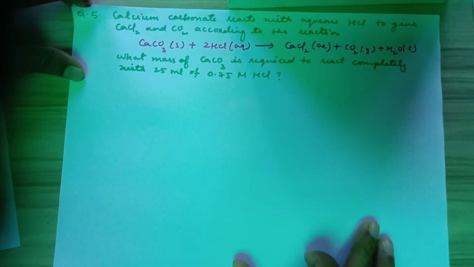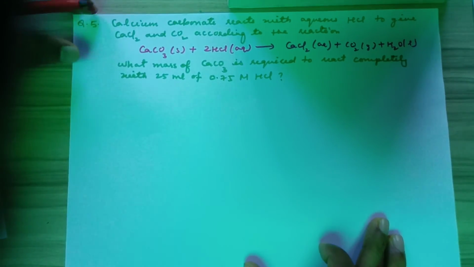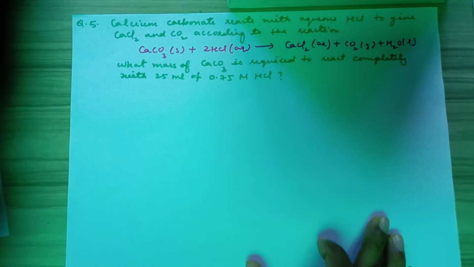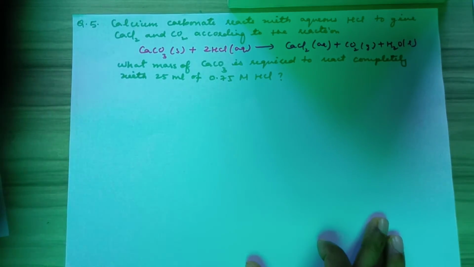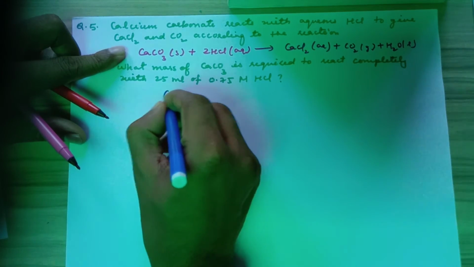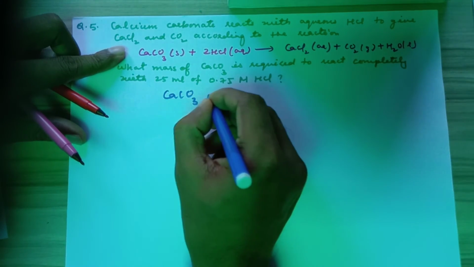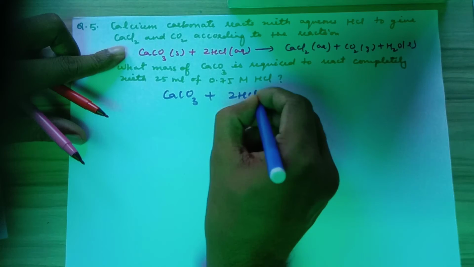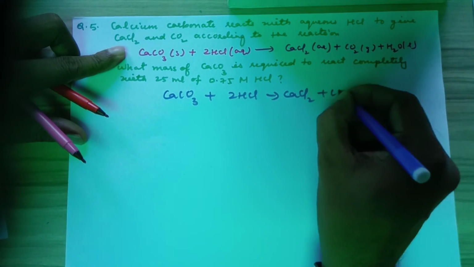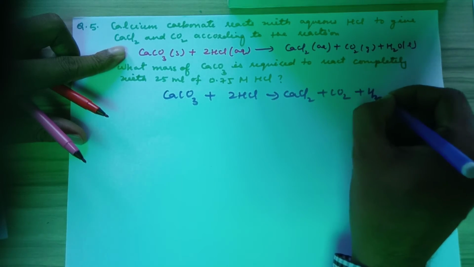So next question. It is given that calcium carbonate reacts with aqueous hydrochloric acid to give CaCl2 and CO2 according to the given equation. The equation says that CaCO3 reacts with 2HCl to give CaCl2, CO2 and H2O.